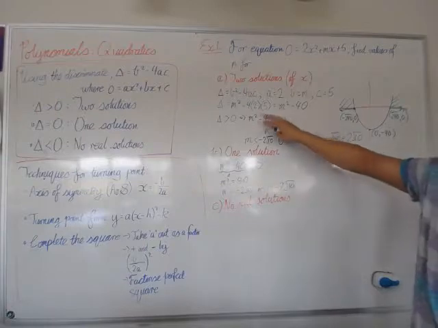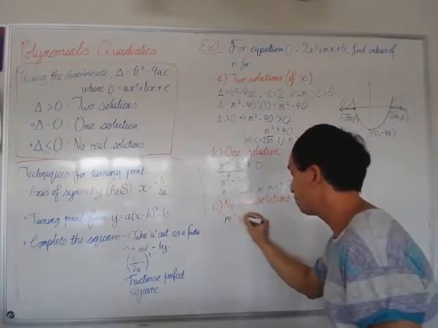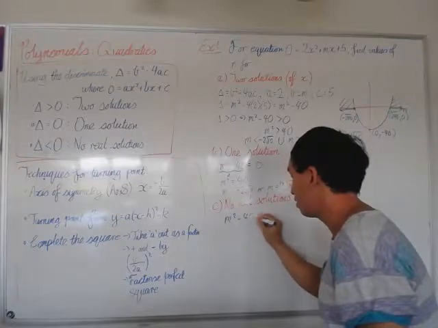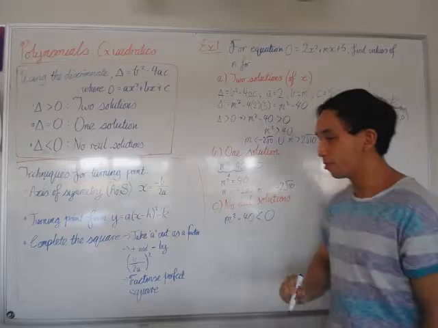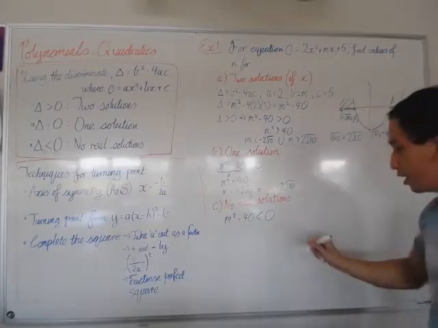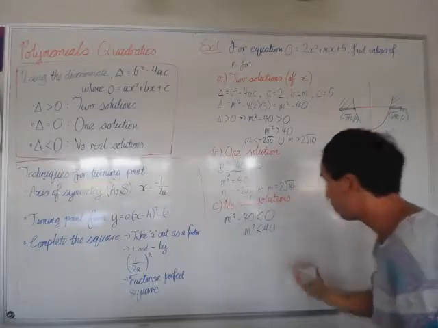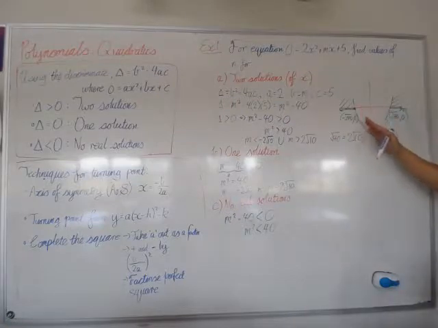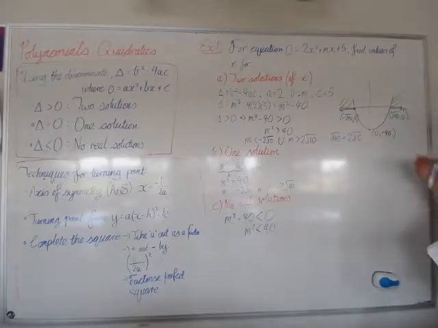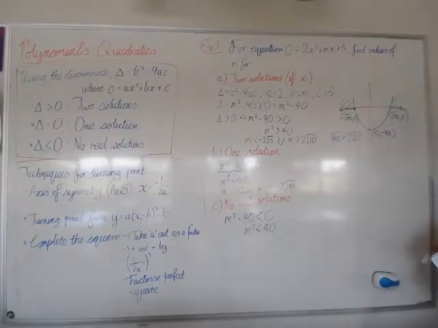For no real solutions, again, we're going to be encountering an inequality. Instead of having m squared minus 40 greater than 0, this time your discriminant, m squared minus 40, must be less than 0. To work this out, again I would recommend going to this step where you have m squared less than 40, and you need to see where the graph goes below the axis, below where y is equal to 0.